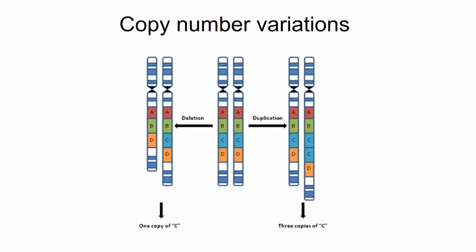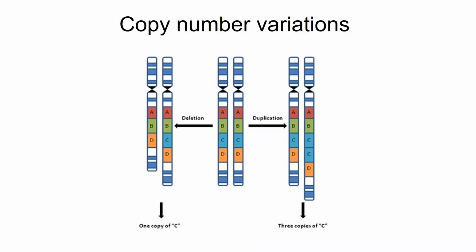So, of particular interest is a subgroup of structural variations that we talked about. It's the copy number variation, and it is a phenomenon in which sections of the genome are repeated, and the number of repeats in the genome varies between individuals in populations.